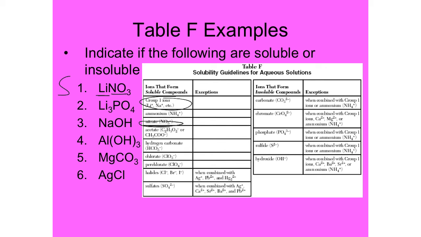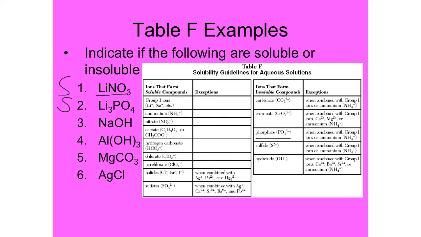Next up, we have lithium phosphate. Again, we have lithium. Lithium is a group 1 ion. Group 1 ions are always soluble, no exceptions. Had we looked it up by the phosphate rule over here, phosphates are insoluble unless they're with group 1. So either rule we looked at, it would have been classified as soluble.